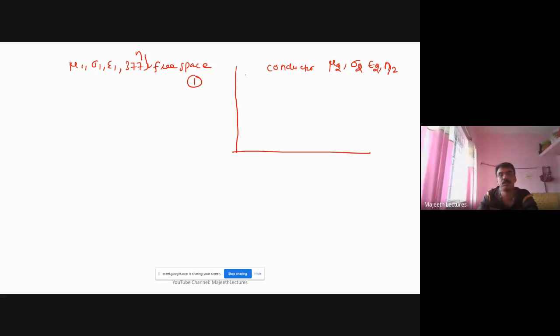Medium 1, medium 2, and this is the boundary. This is the z direction, this is the x direction. The wave propagates through this and it has electric field along the x direction. The wave is in the z direction, E is along the x direction.